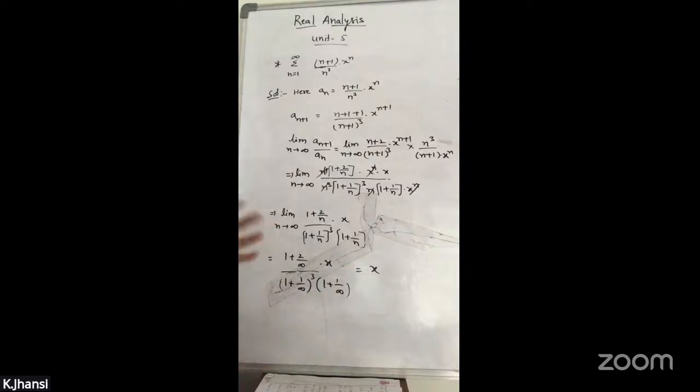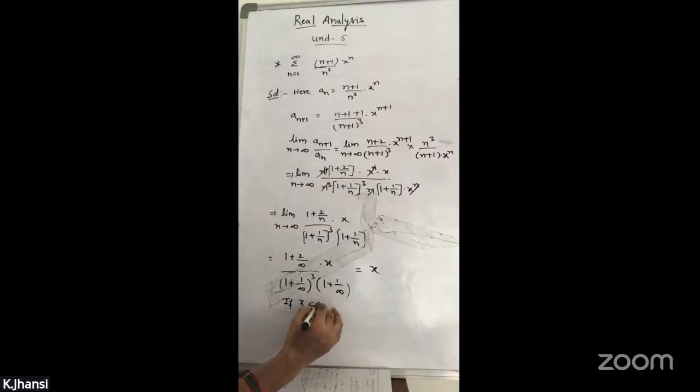Now from the definition of D'Alembert's ratio test, we have that whenever a(n+1) by an is equal to L, we have three conditions. With the help of those conditions, we have to find whether it is convergent or divergent. If x is less than 1, summation an is convergent.